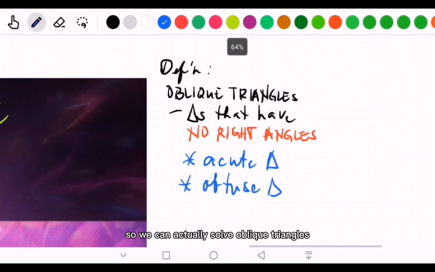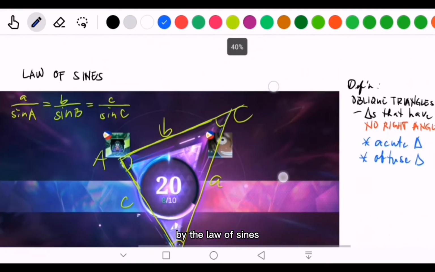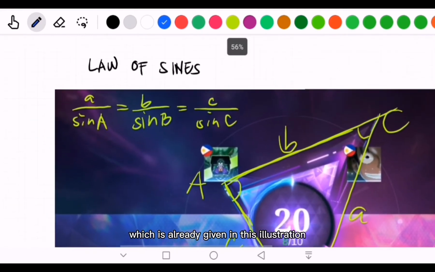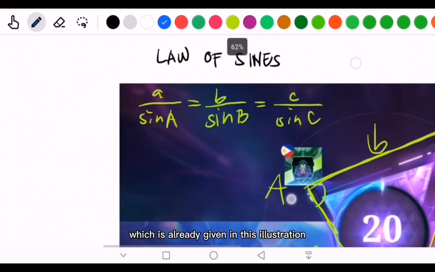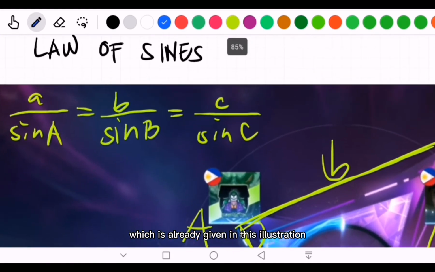We can solve oblique triangles by the law of sines, which is already given in this illustration.